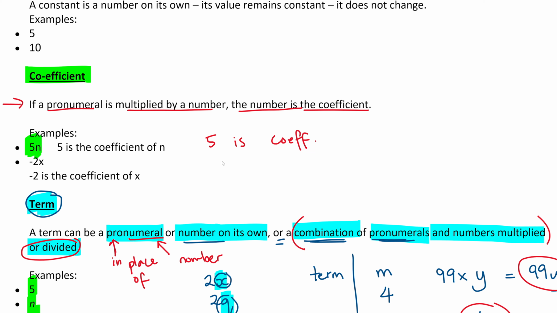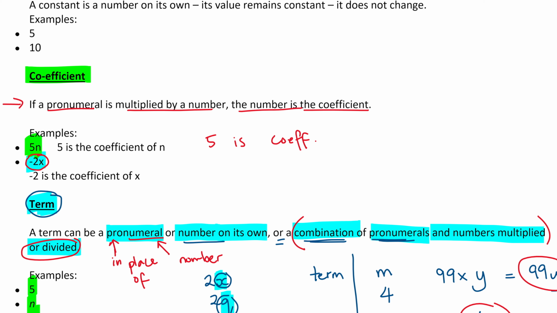All right, so we'll look at the next example: negative 2x. In this example, a lot of students make mistakes, and I mean a lot. If I were to ask you, negative 2x, what is the coefficient of x?